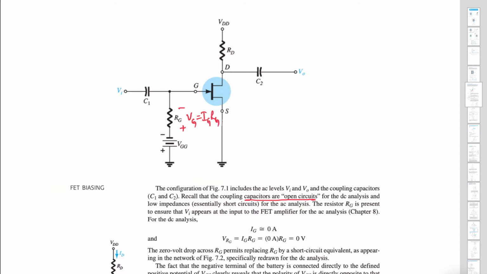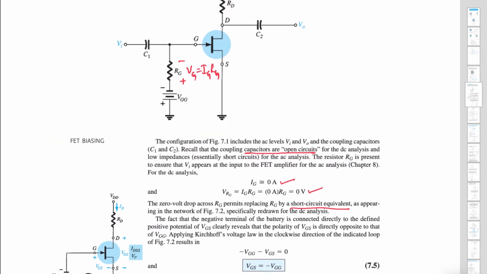The drop is so less that you can neglect it. Since there is no drop, it means it is almost 0 volts. If it is almost 0 volts, you can consider it as a short circuit. Correct? Almost negligible current, so almost no voltage. If there is no voltage across RG, you can consider it as a short circuit.